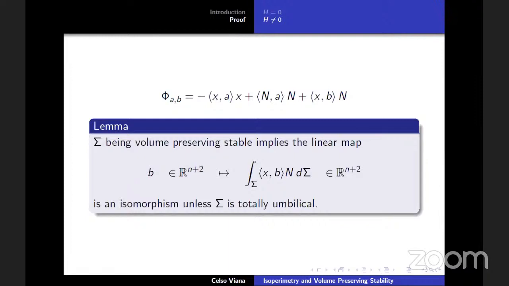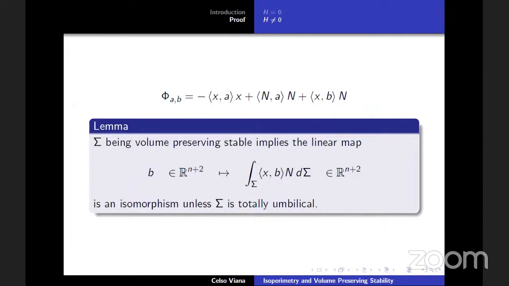So you are trying to find a kernel for the linear map that appears in this lemma. It turns out that this linear map is always an isomorphism. This is a generalization of that lemma in the minimal case, and we have a similar isomorphism in the CMC case. Of course, here you just need to assume the surface is not totally umbilical.